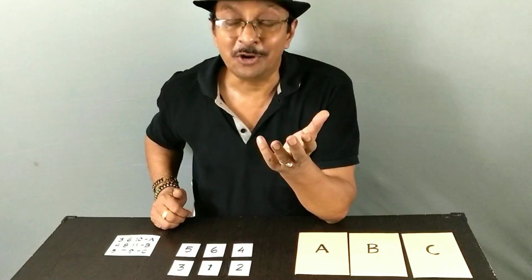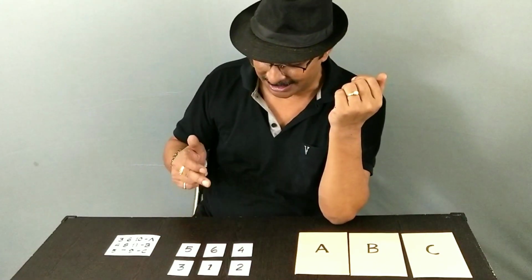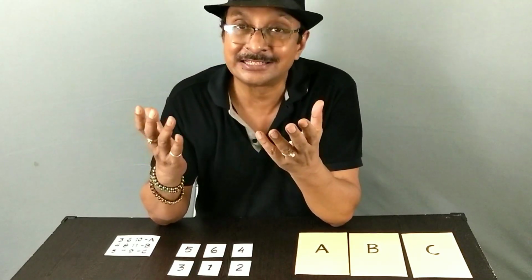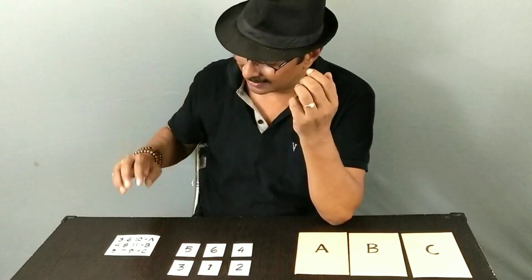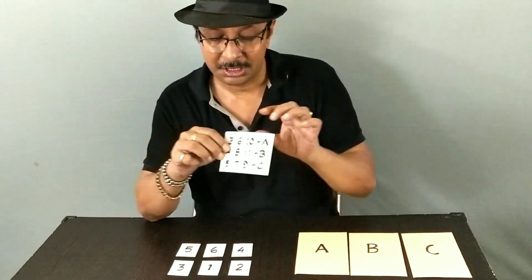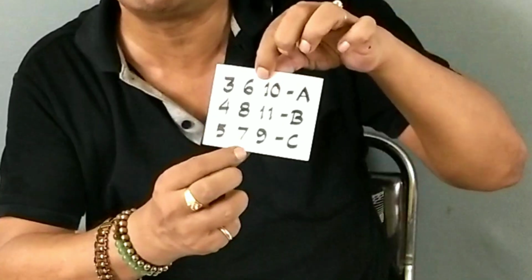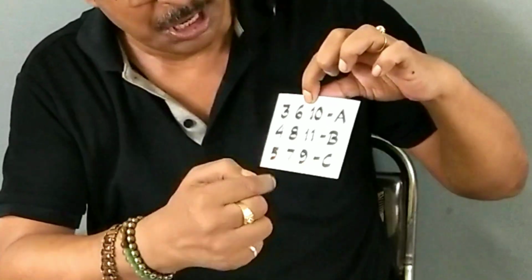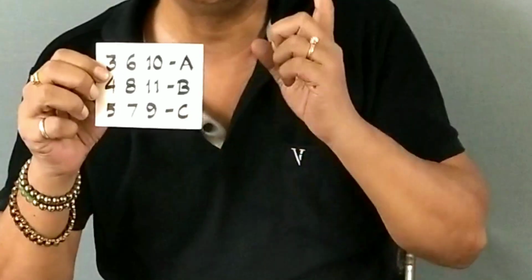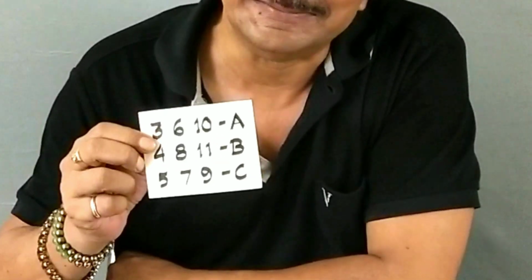Now, I told you before that they have to add the center 2 numbers, and they are 6 and 1. So 6 and 1 is 7. Now they have to get back to this chart, and the 7 is written over here, 5, 7, 9. So 7 is in the last row and it equals to C. That means he has to keep the envelope number C.